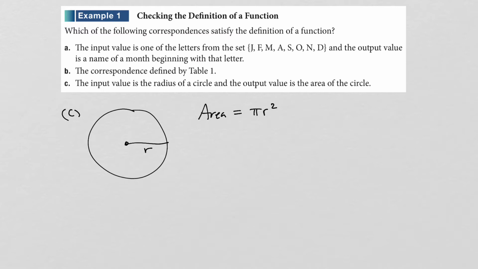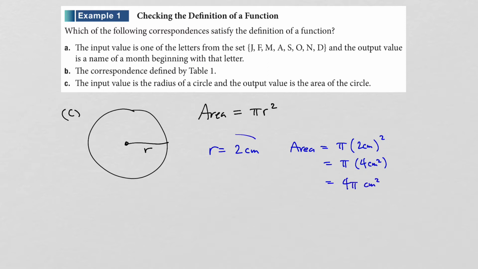Now, if you have a particular input value, what is the output value going to be? Let's just imagine a few of these possibilities. What if the radius of the circle is 2 centimeters? Then according to the formula, the area would be pi times 2 centimeters squared, which would be pi times 4 square centimeters, and that is 4 pi square centimeters.